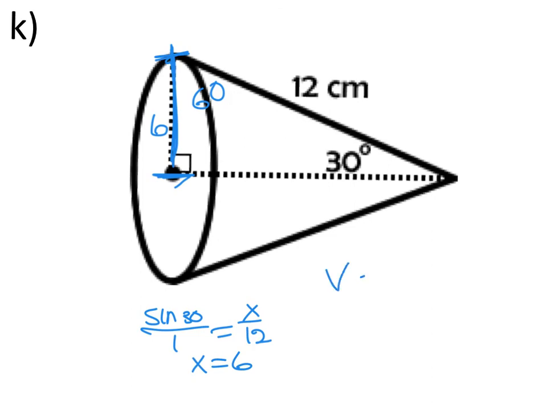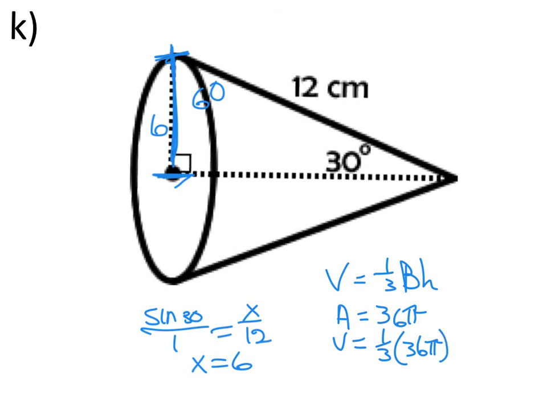So volume here is, like before, 1/3 the area of the base times the height. The area of the base is the circle with radius 6. So that's 6 times 6 is 36 pi. So volume is 1/3 multiplied by the 36 pi multiplied by the height.